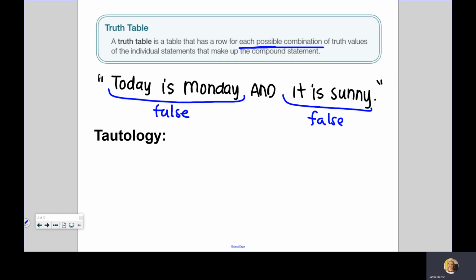And then I had one more vocabulary word, which is tautology. A tautology is a very special scenario when you fill out a truth table and your last column is all T's.